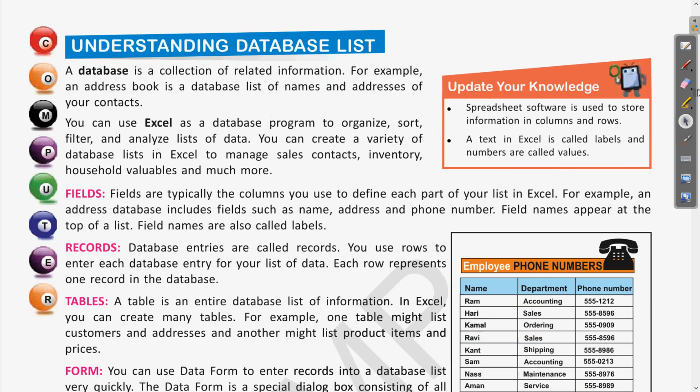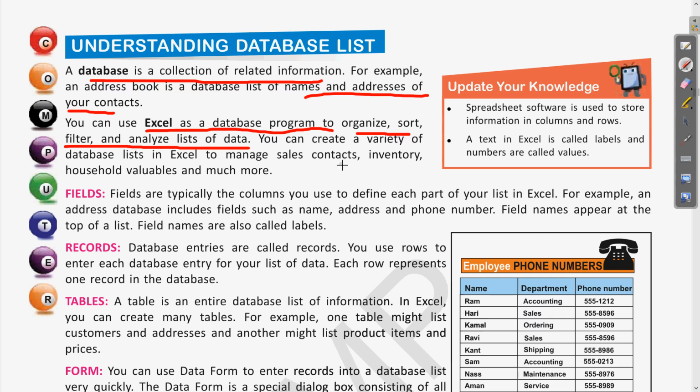Okay, now we have started the concept of databases. In that we have seen what is a database. A database is a collection of related information. For example, an address book or contact book is also a database. This MS Excel software is acting as a database program. Using Excel, we can organize, sort, filter and analyze different lists of data.